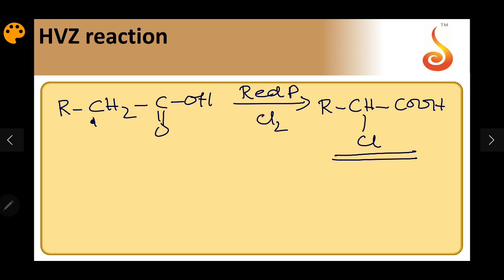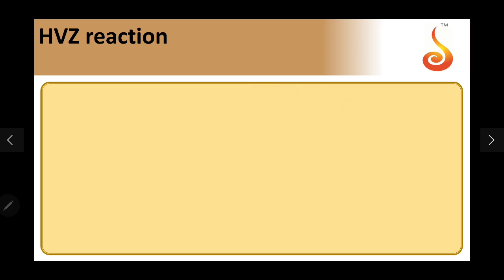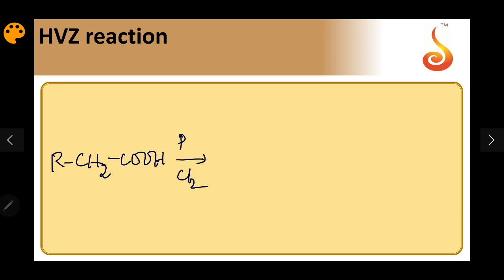What is the application of this reaction? Suppose I take an example, RCH2COOH. If I convert this with P plus Cl2, I get RCHCl COOH. This is the compound, which I can use to prepare other compounds.